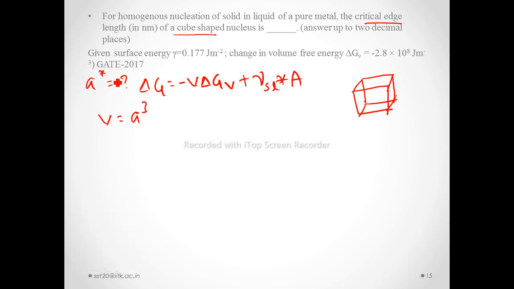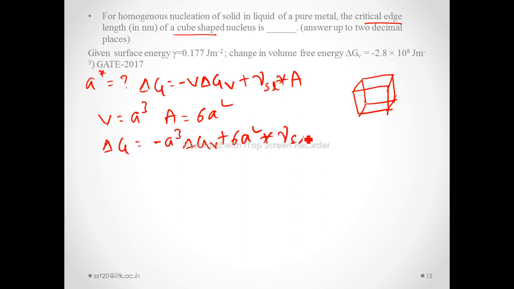The area is given as 6a square, the surface area. Substituting these two values in the above equation, we get delta G equals minus a cube into delta GV plus 6a square into gamma of SL.